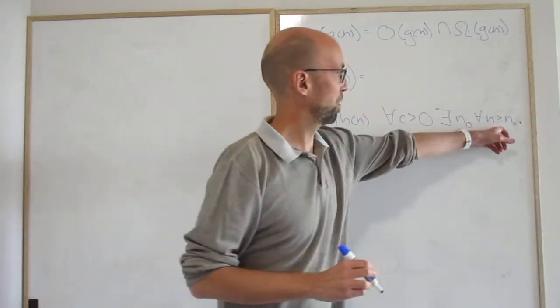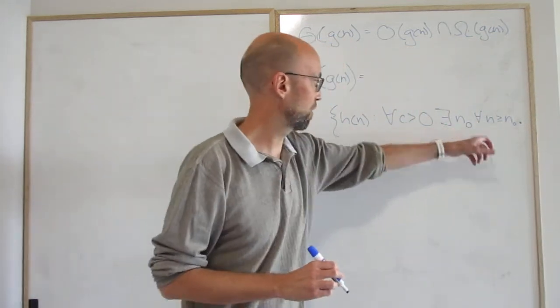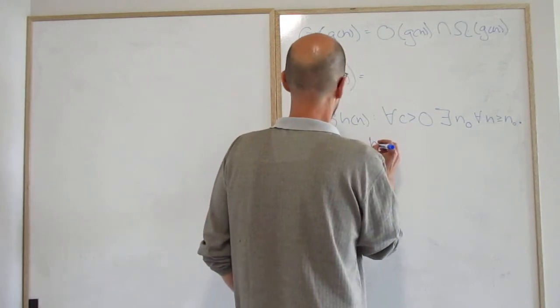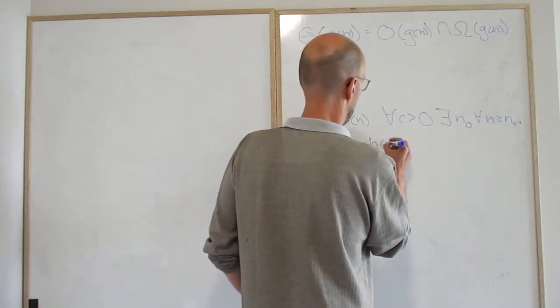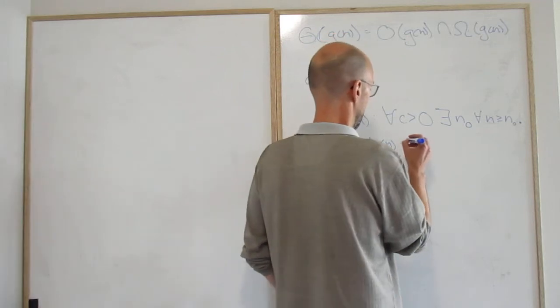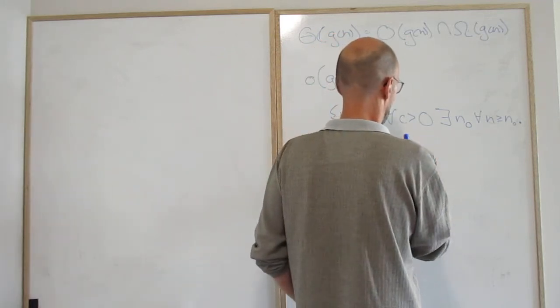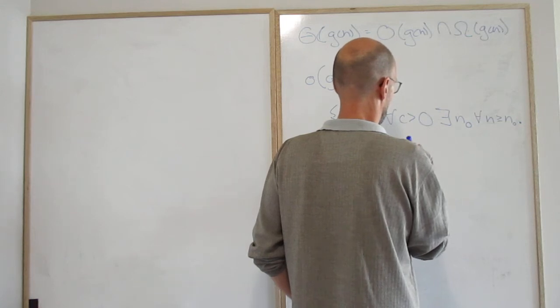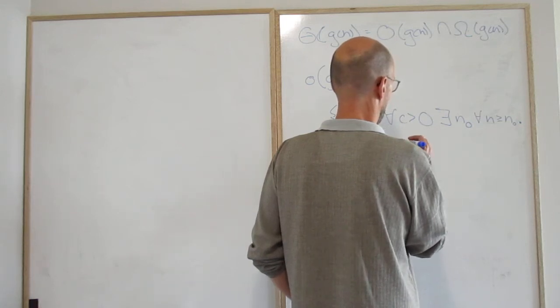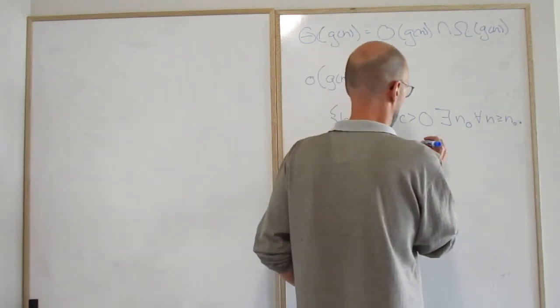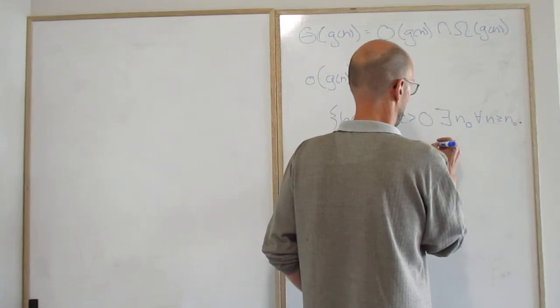It's missing this part, so it actually needs three quantifiers. h of n is less than or equal to, I think this one usually is just less than, but it doesn't matter, c times g of n.